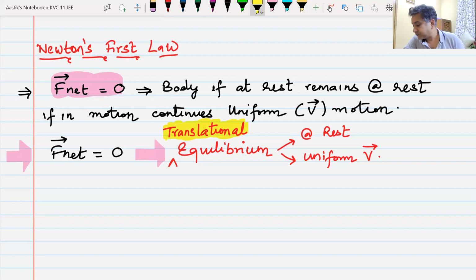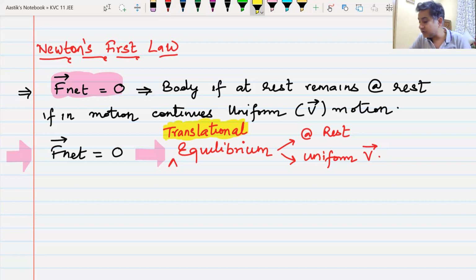Now, if the body is at rest or the body is at uniform velocity, the motion is the same as far as physics goes. We call that motion a motion of equilibrium, or the body is in equilibrium. Now, whenever we get questions on equilibrium, and you might get a couple of questions on equilibrium, you have to remember the steps that you need to follow to solve those questions.